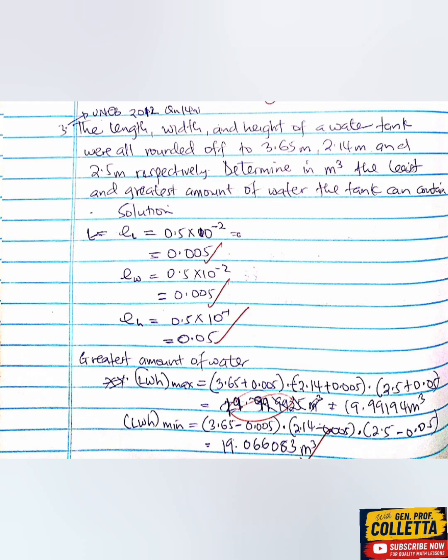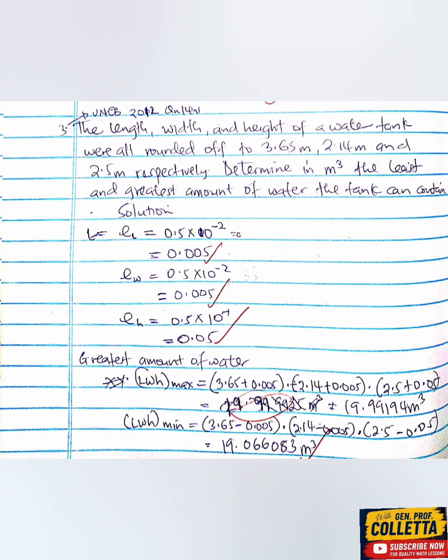So if you have those answers, you just tick yourself, because they just wanted the maximum and minimum volume. We know that when given the length, width and height, that is automatically a cuboid. So the volume of a cuboid is length times width times height. They were testing the competence of maximum volume, of which we know that the volume of a cuboid is length times width times height.